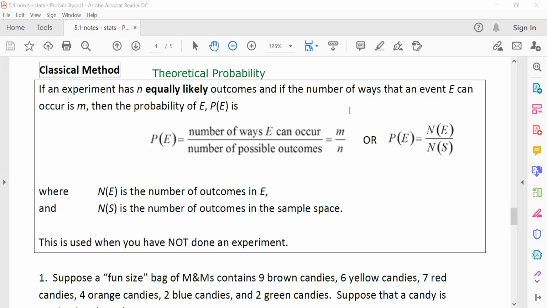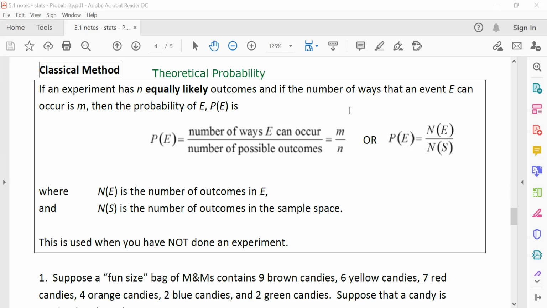The major difference between classical/theoretical probability and the empirical probability method we just discussed, where we actually went out and ran an experiment, is that empirical probability is based on observations of events that have occurred, where we actually take notes and write down exactly what happened. It's based on past events, even if they're very, very recent. We just did it 5 seconds ago. It's still technically a past event. That's also known as a posteriori, if you like fancy terms.